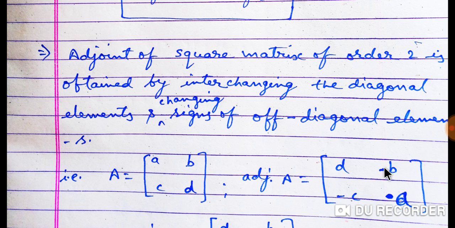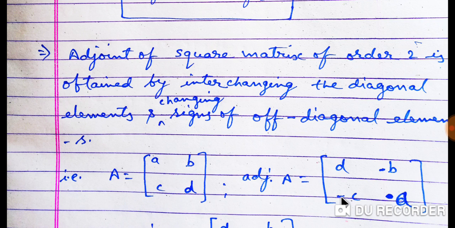And we have to change the signs of the two off-diagonal elements. These are the diagonal elements and these two are the off-diagonal elements, so we change their signs. Here C is positive and B is positive, so C will become negative and B will become negative. If there is a minus sign, that is minus C or minus B, it will become plus.